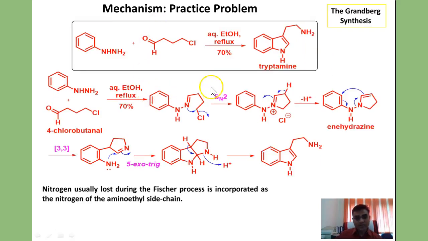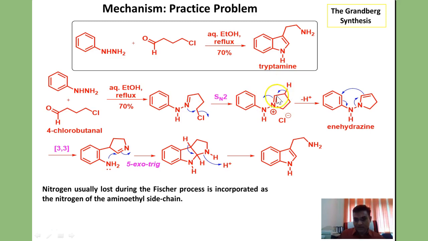Now let us take one more interesting example of Fischer indole synthesis. Not exactly the Fischer indole synthesis. It is specifically called the Grandberg synthesis, but it proceeds again through the Fischer indole synthesis pathway. First of all, the reaction of phenylhydrazine with this aldehyde forms a phenylhydrazone here, and this phenylhydrazone undergoes nucleophilic displacement, and we get this iminium ion.